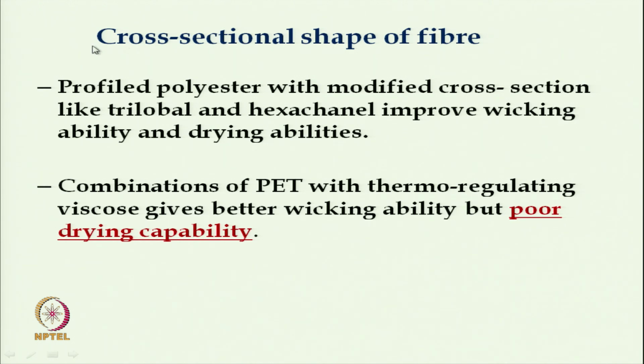It has been observed that if we change the profile cross section of the polyester from circular to trilobal or hexachannel, they improve the wicking and drying ability. Combinations of polyester with thermoregulating viscose give better wicking ability and poor drying capability. So, if we combine this, the drying capability will reduce.